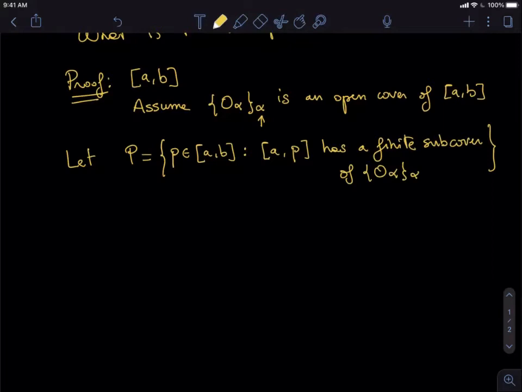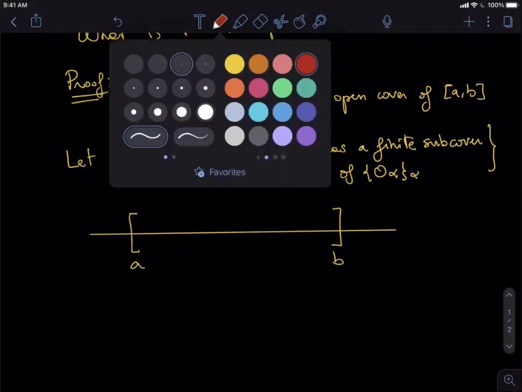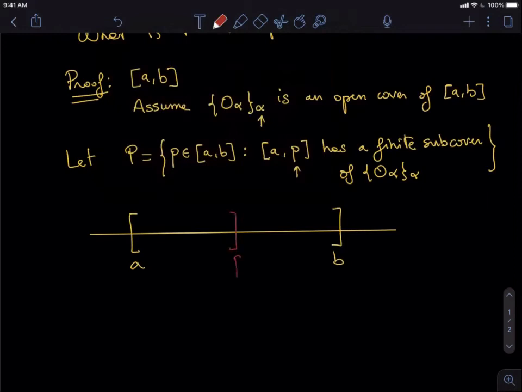So what we are saying here is, we have our interval. Here we have a, here we have b, and somehow there should be some p somewhere, such that for that p, we will be able to find a finite subcover.